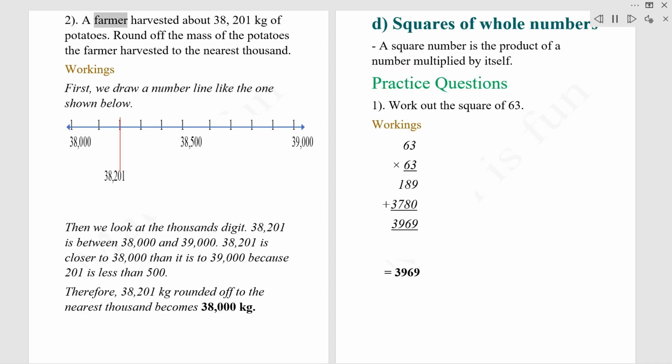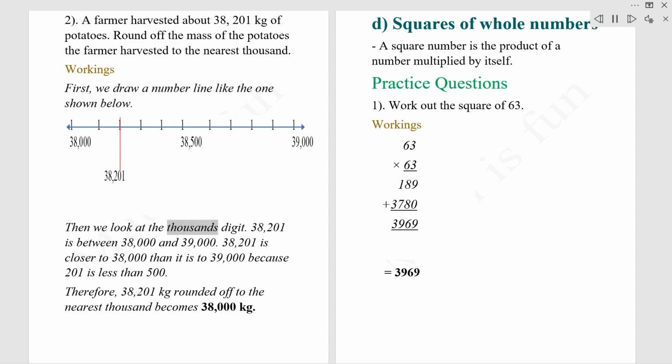2. A farmer harvested about 38,201 kilograms of potatoes. Round off the mass of the potatoes the farmer harvested to the nearest thousand. Workings. First, we draw a number line like the one shown below.